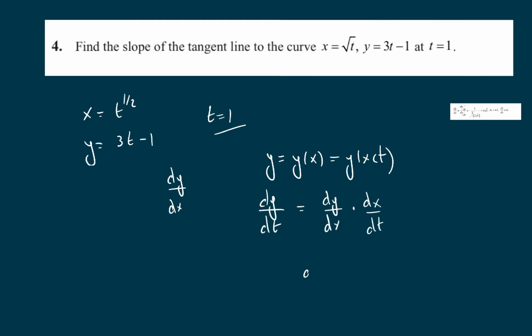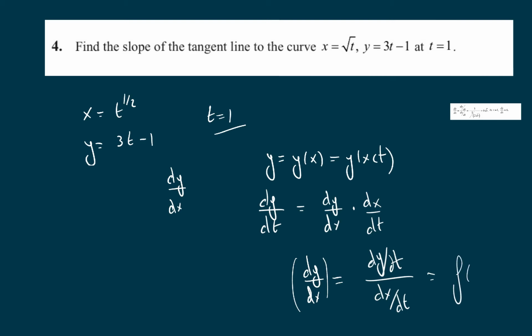This says that the derivative of y respect to the x is the derivative of y respect to the t divided by the derivative of x respect to the t. And this is the equation to find the derivative of y respect to the x, the slope. The slope will be a function of t.